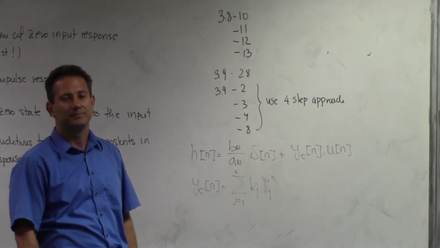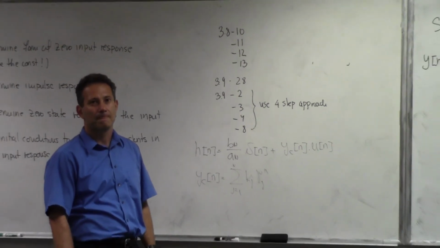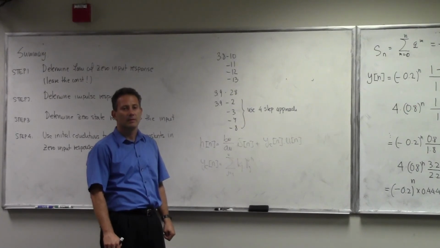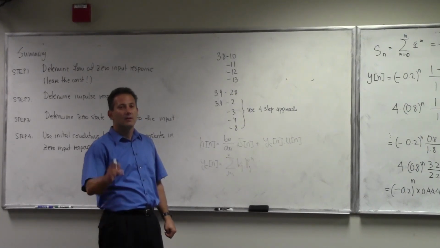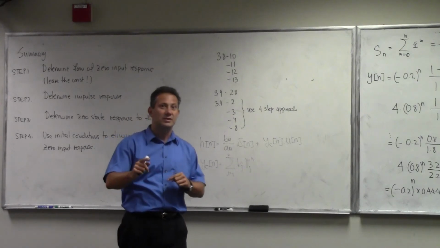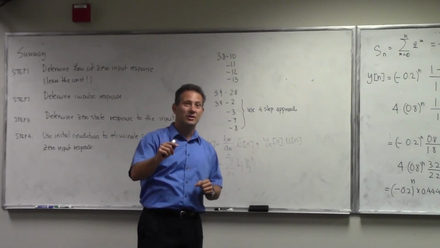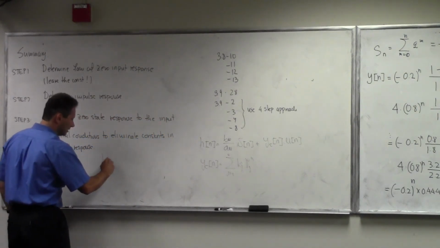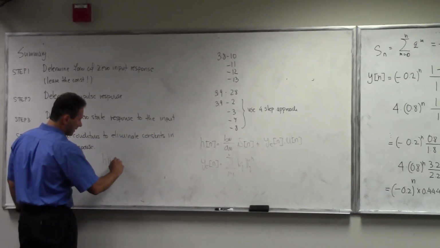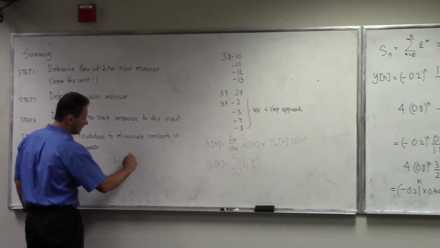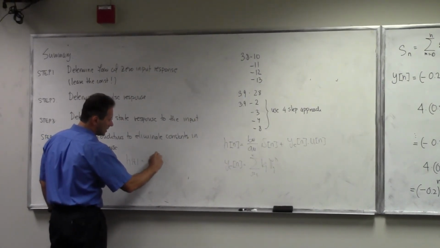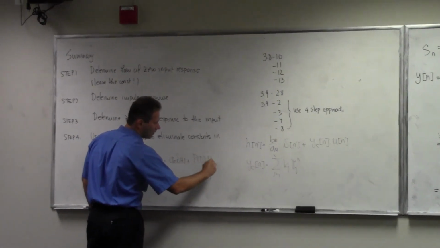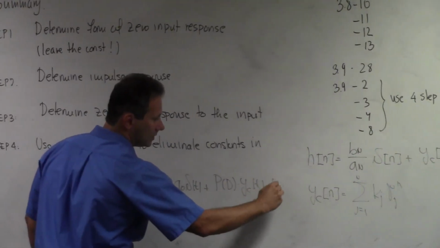But in the homeworks, we had one where we just used the derivative and then said that if it was a second order, the first one would be 0, and the next would be equal to 1. You're mixing continuous and discrete. Was that continuous? Yeah, in continuous, remember, our impulse response h of t was a0 times delta of t plus p of D operating on yc of t times u of t.